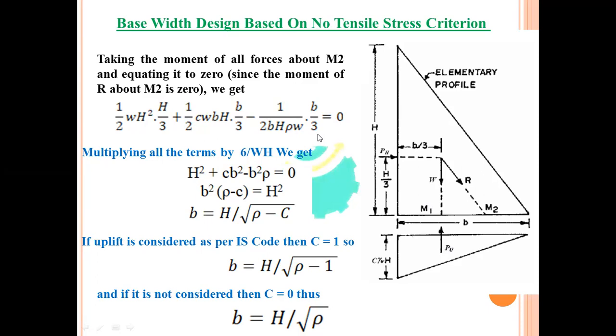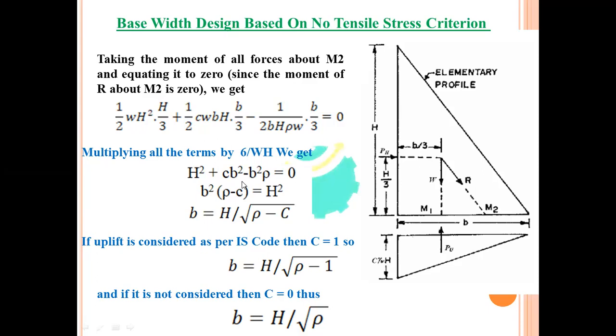So water pressure plus uplift pressure minus weight of the dam equals 0. Now we multiply with 6 by W H. After cancelling all, what will remain? H square plus C B square minus B square rho equals 0.